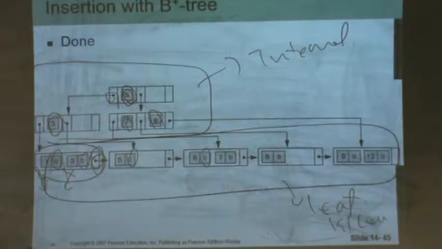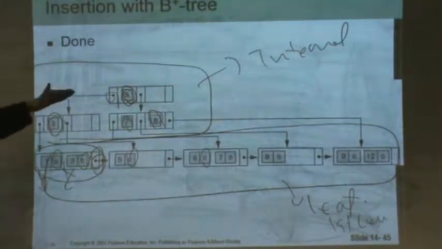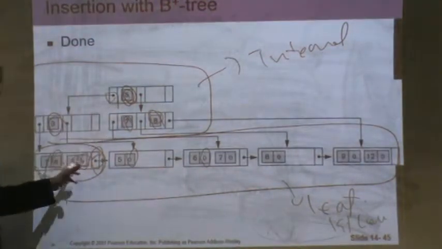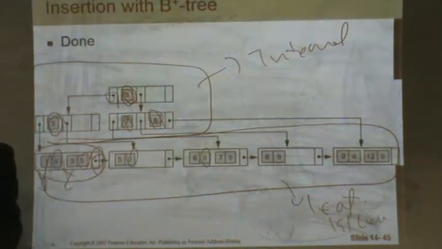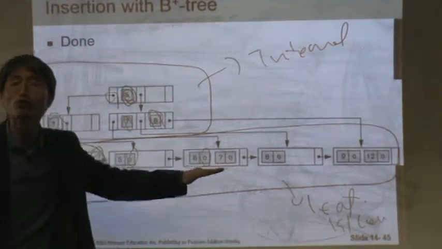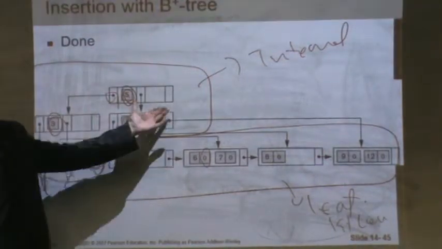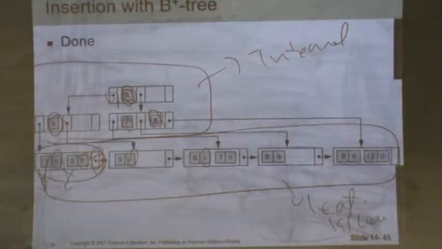Why? Because we assume it is fully balanced. So when you access the data, all leaf nodes should have a data pointer. The internal node does not have the data pointer.